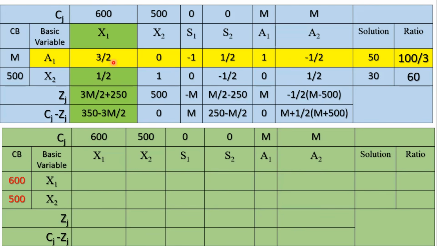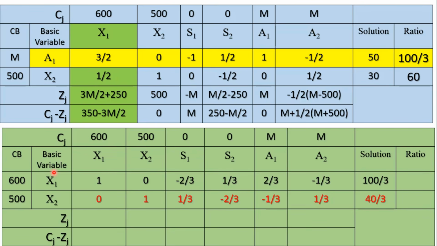Take the key element, 3 by 2. Divide all the values by 3 by 2. Now 3 by 2 divided by 3 by 2 is 1, and if we divide all the values, we get the new values for X1. How to calculate for X2? We have a formula: old value minus key column value into key row divided by key element.